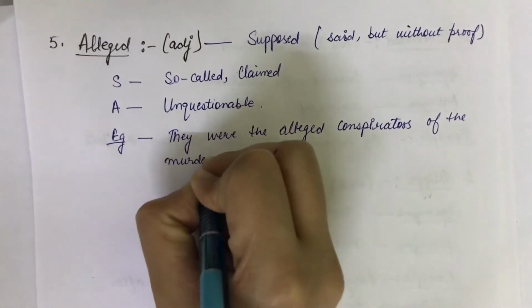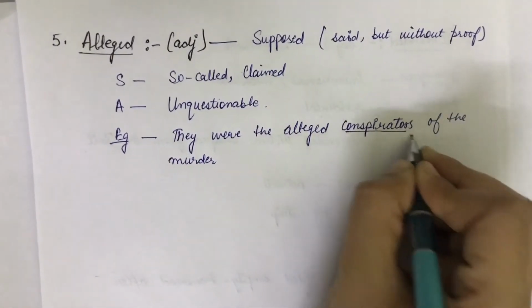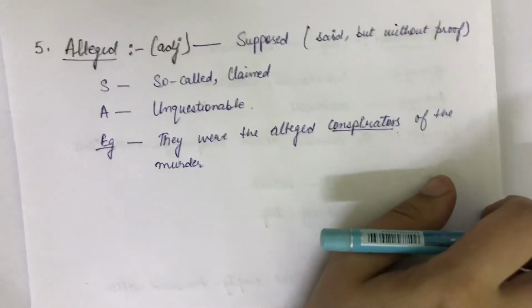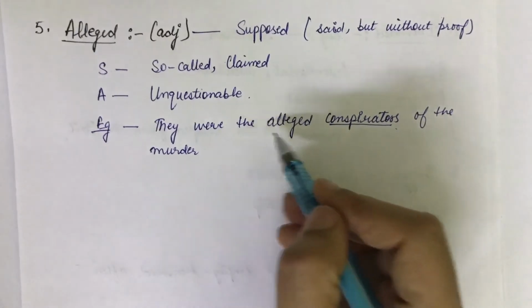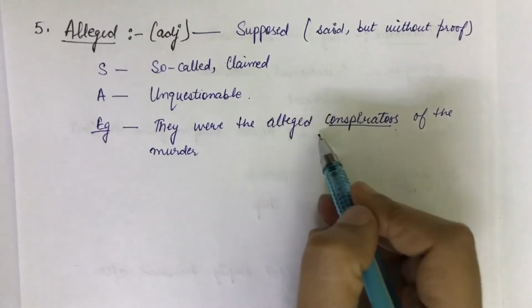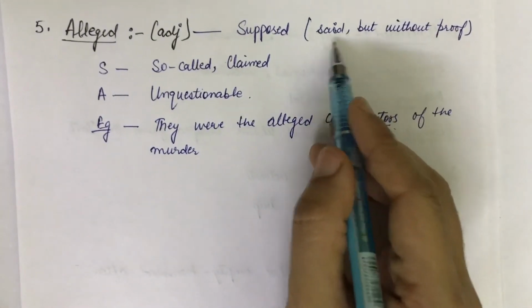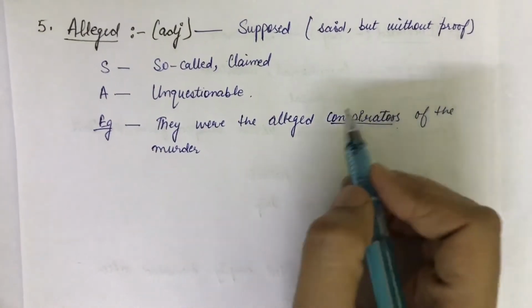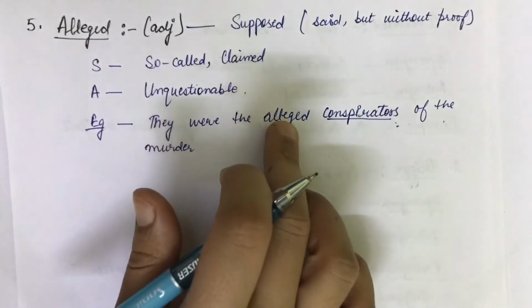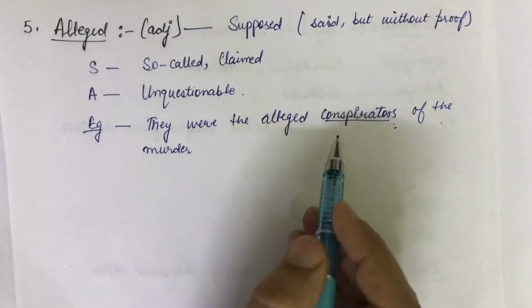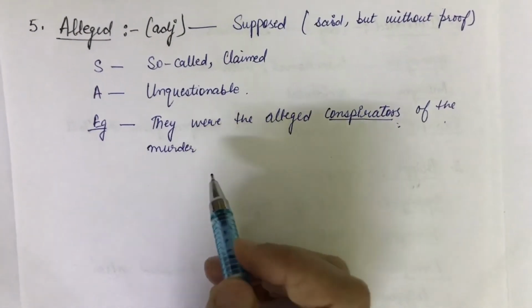Okay, so what is the meaning of conspirators? Someone who planned something illegally. Okay, so what is the meaning of alleged here? This means the same, that is something that is said but there is no proof for that. Okay, so this is the best way of representing this word alleged here, that is, they were the alleged conspirators of the murder.